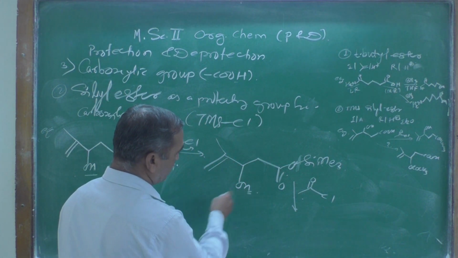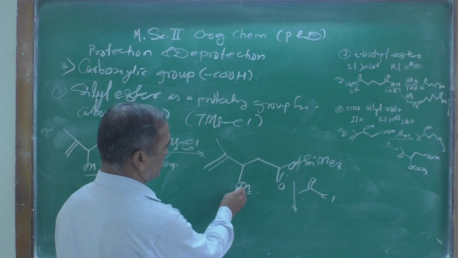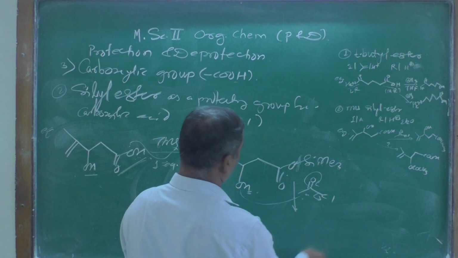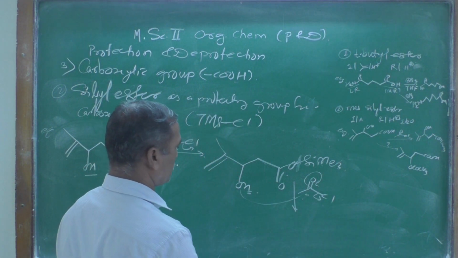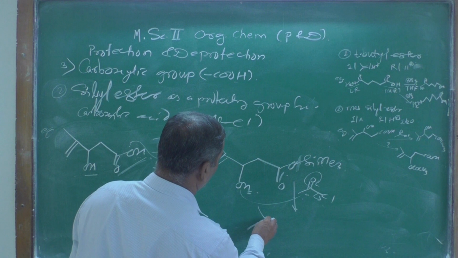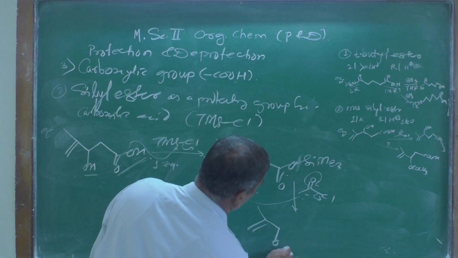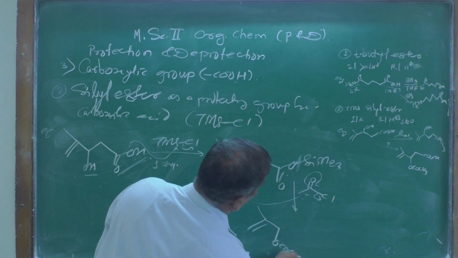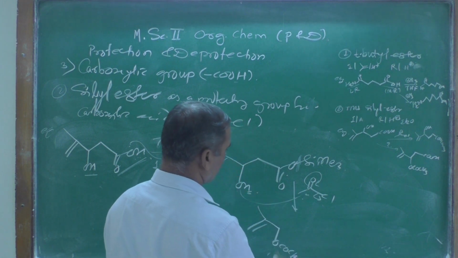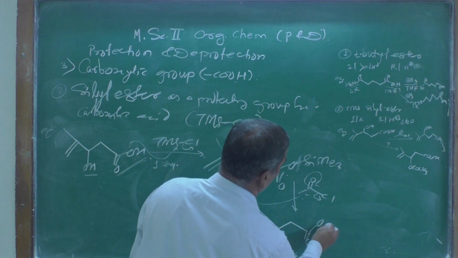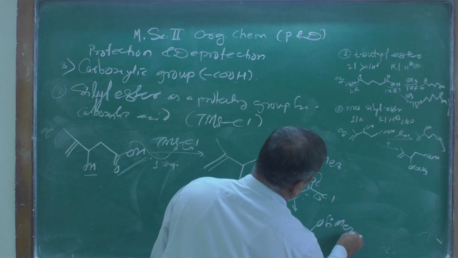So what is going to happen? The OH is going to attack there, HCl fumes go into the atmosphere, and you are going to get this product, then O, COCH3, this acetyl group, and then C double bond O Si Me3, right?